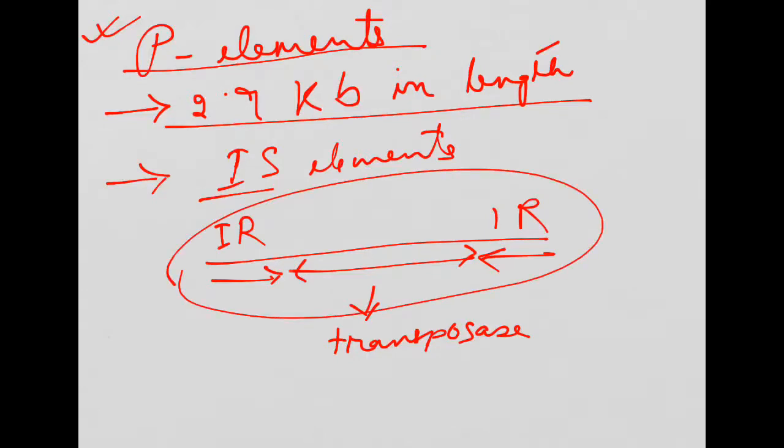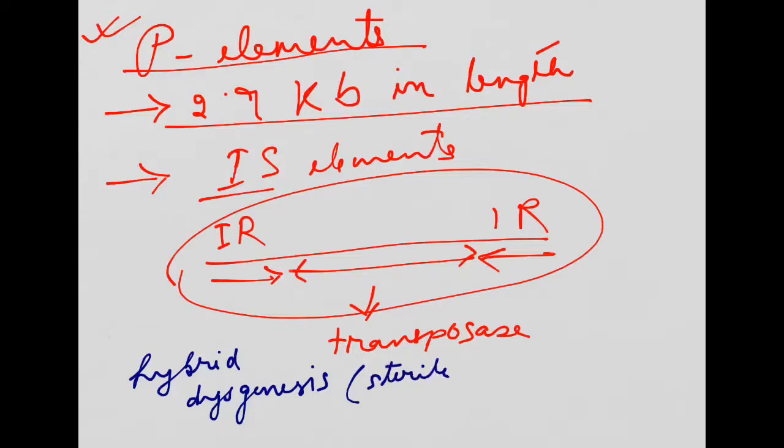But one major thing is that P elements are responsible for a disease in Drosophila known as hybrid dysgenesis. It's a disease that results in sterile progeny. 2 strains in Drosophila can be found. One is the P strain and the other is the M strain.